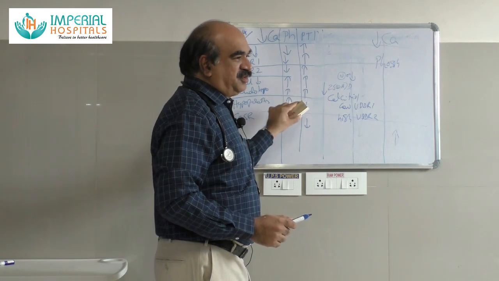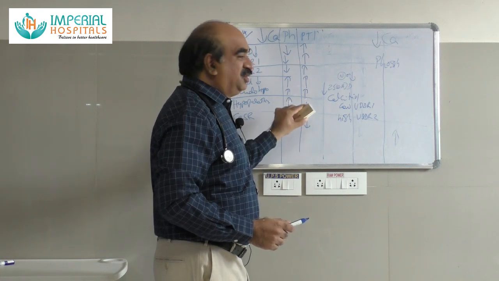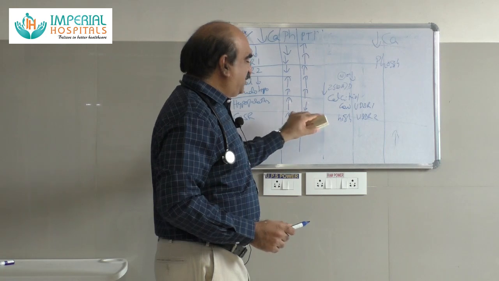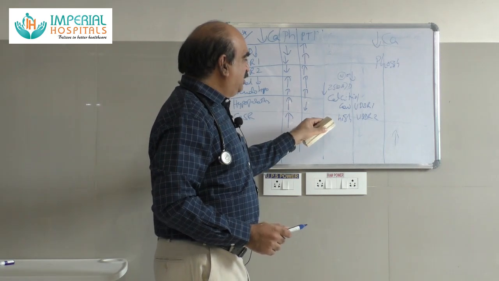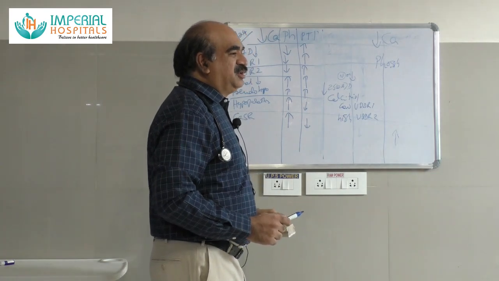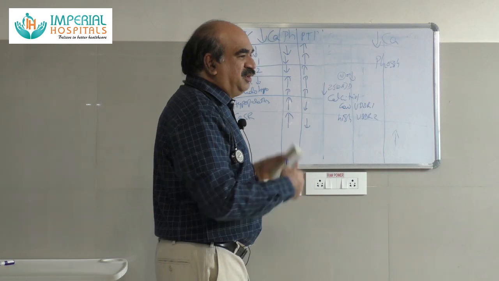If it is normal, then check calcitriol levels. If calcitriol is low, it means VDDR1, rickets type 1. If calcitriol is high, it means VDDR2. Why is there high calcitriol in VDDR2? Because the mechanism is resistance to calcitriol. If there is resistance, calcitriol levels will be high.